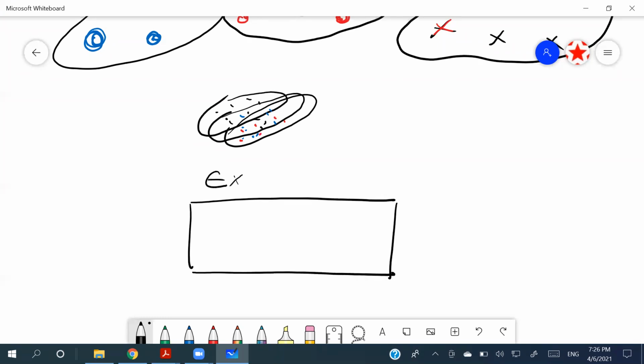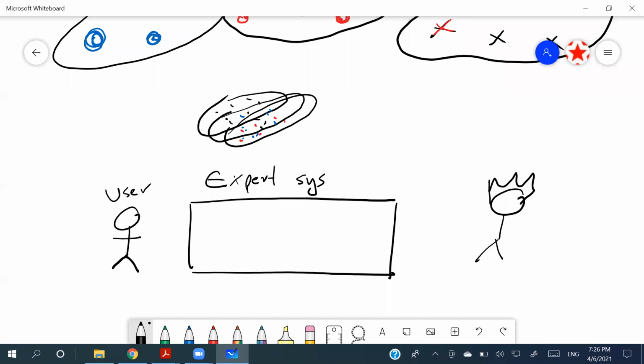So in an expert system, if this is the expert system, there will be a user. So let's say this is the user, and this one is the human expert. Right, so inside this expert system, for the user, there will be a user interface. So this is the GUI, and through that, the user will give any requests or queries that they have.